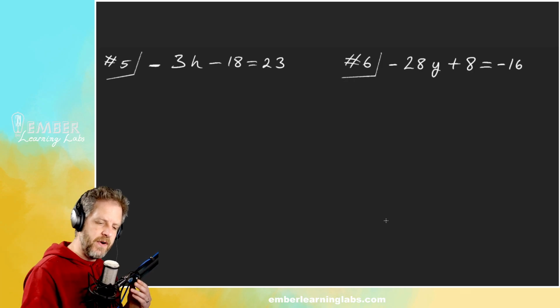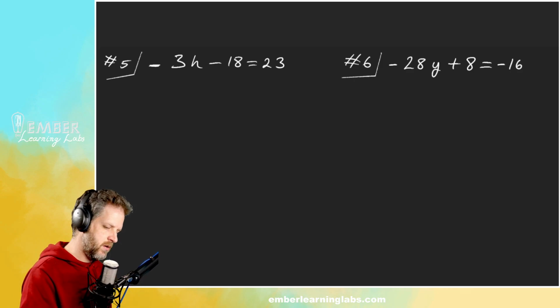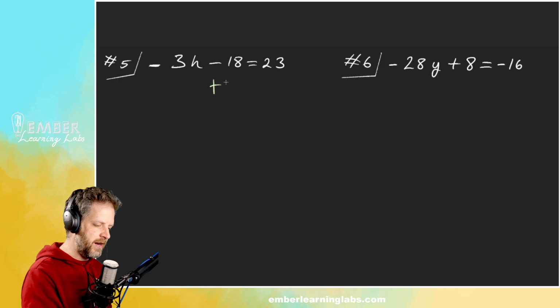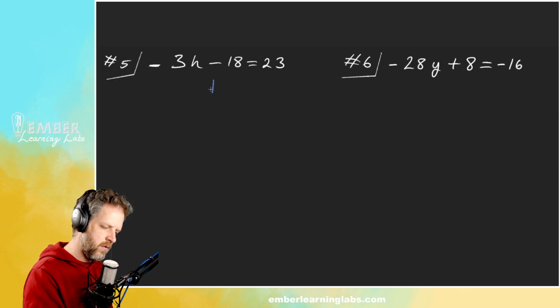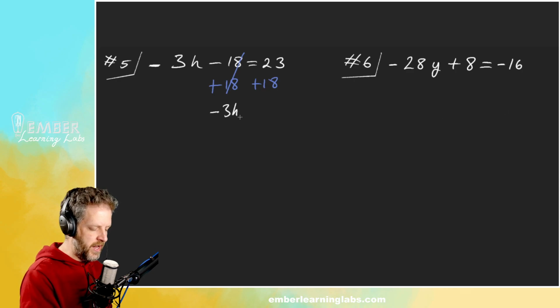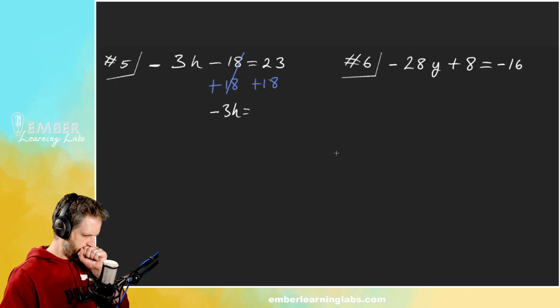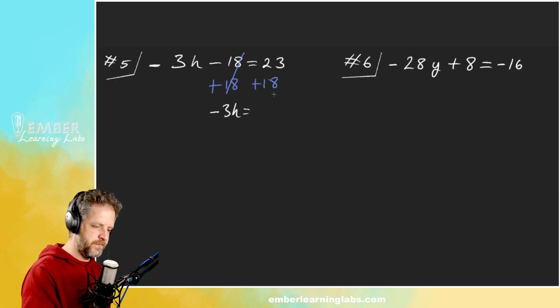All right. So for number 5, we would have added 18, and brought down the -3h equals 42.